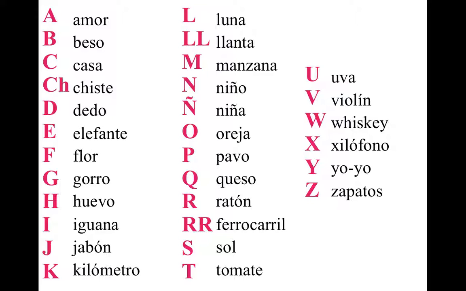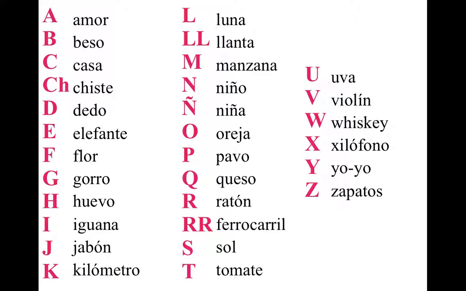Okay, so I'll go through it one more time. A, amor. B, beso. C, casa. Che, chiste. D, dedo. E, elefante. F, flor. G, gorro. H, huevo. I, iguana. I can do that. J, jabón.